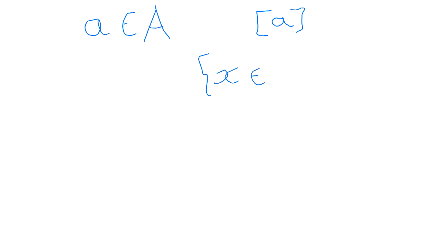An equivalence class of a in A, denoted by this little a in a box right here, is the set of x in A such that a relates to x.